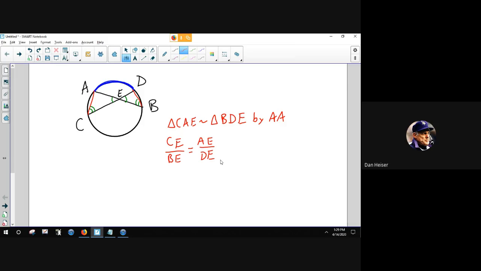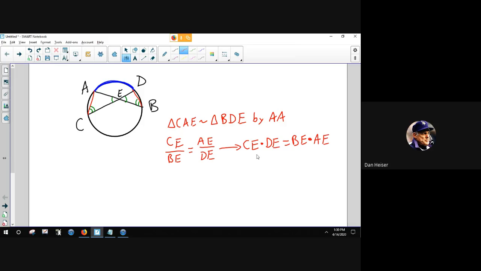Normally we call this good, but for the purposes of this property, it makes a little more sense if we eliminate the fractions. So multiplying through by the common denominator, otherwise known as cross multiplication, will give us this. That product equal to this product. CE times DE, BE times AE.